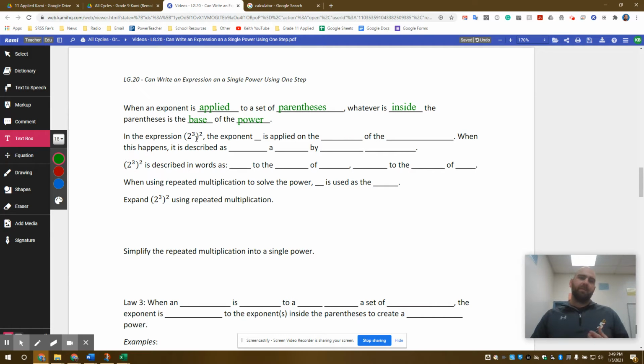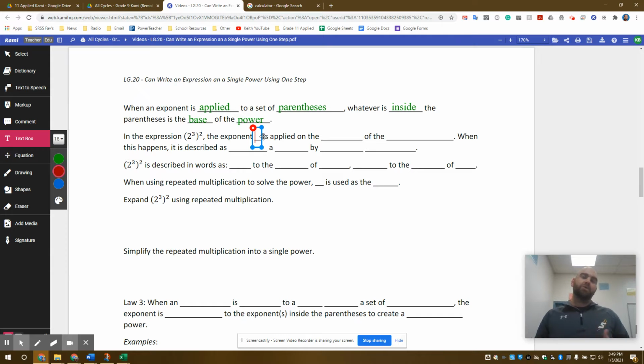So in the expression that I've given here, we have 2 cubed raised to the power of 2, is how we're going to describe it. In this case, you'll notice that we have this little power on the back of the parentheses, and that's being applied to everything inside. The inside part is the base.